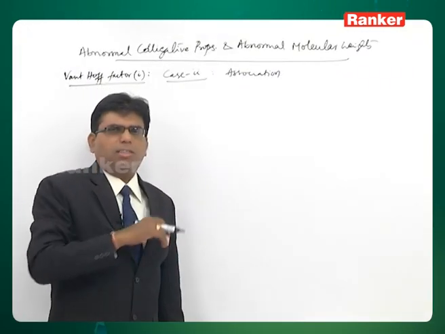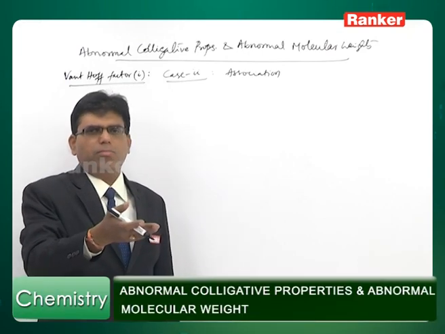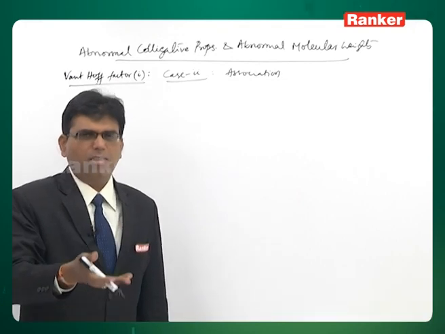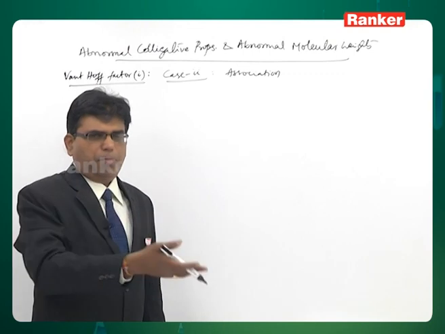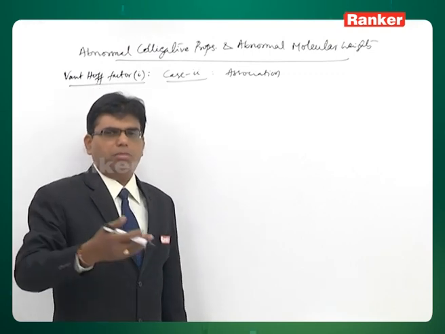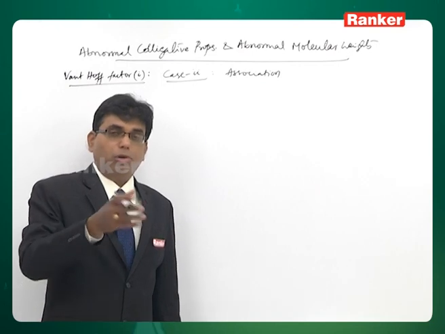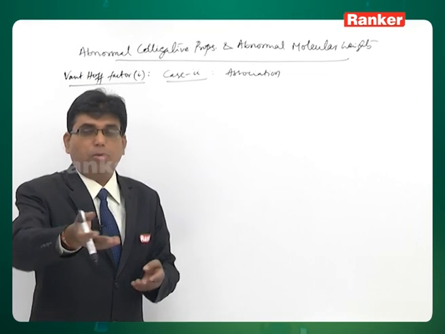The earlier case, dissociation, is basically applicable for electrolytes in aqueous solutions: acids, bases, and salts, which undergo dissociation. As we discussed previously, like benzoic acid in benzene or acetic acid in benzene, in some cases the solute undergoes association. That is what happens in the polymerization process.